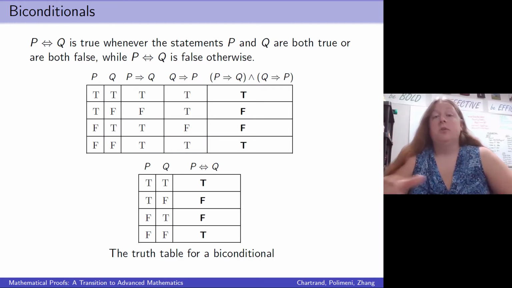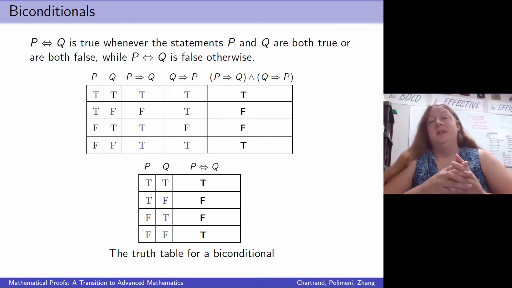So whenever we explore a new topic with logic, we should be interested in its truth value. That's one of the things that we really want to care about. So we want to look at when the biconditional is a true statement. To do that, we're going to break it down into the original implication itself, and its converse, and then look at the conjunction.